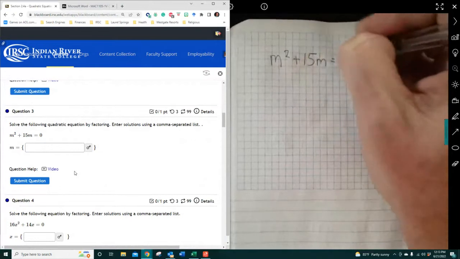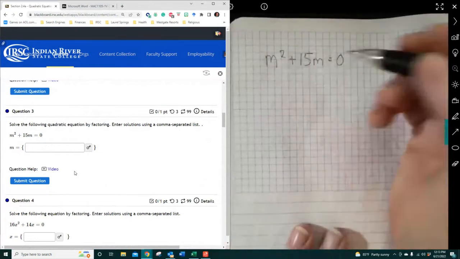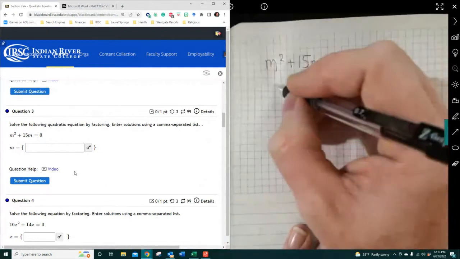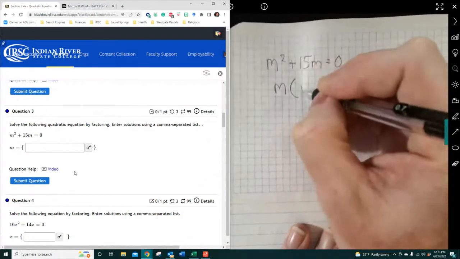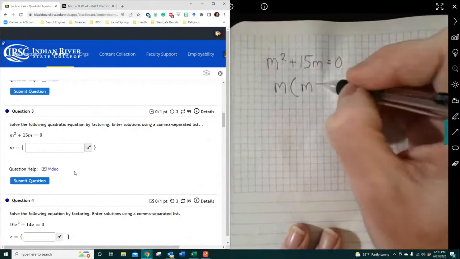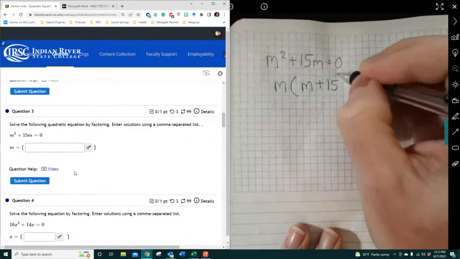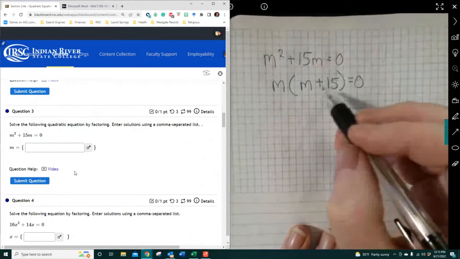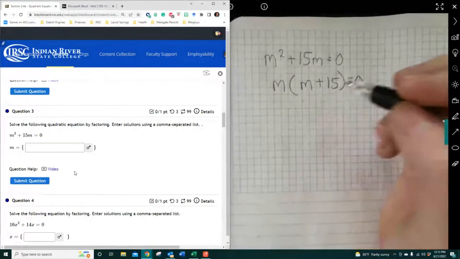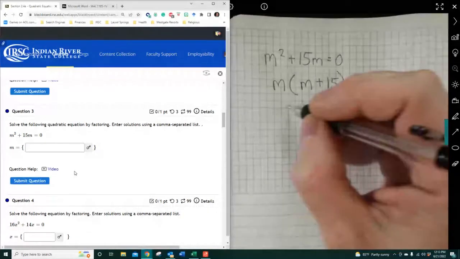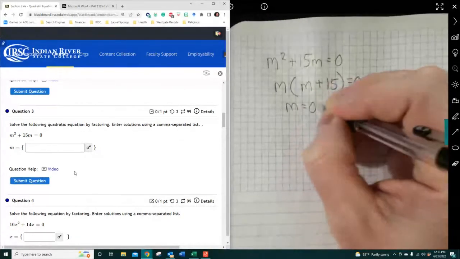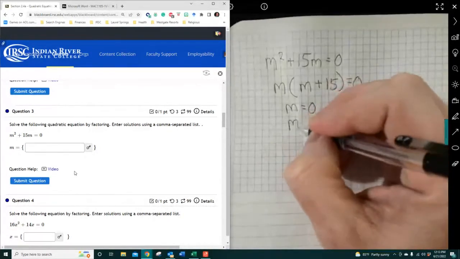All right, so just looking at this, we could factor out an m immediately. And when we do, we get this. Now that we have that, we can go ahead and set each factor equal to 0. So m equals 0, as well as m equals -15.